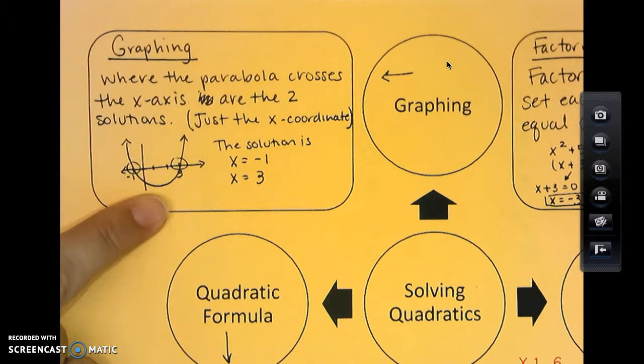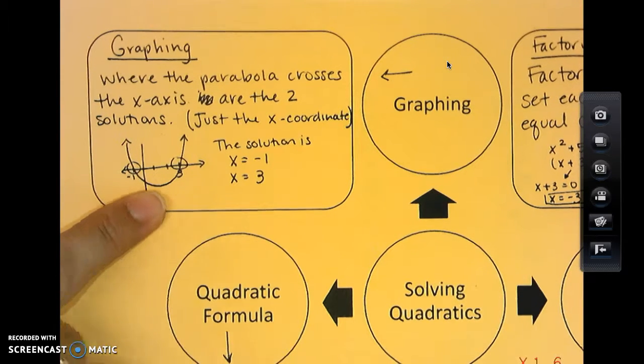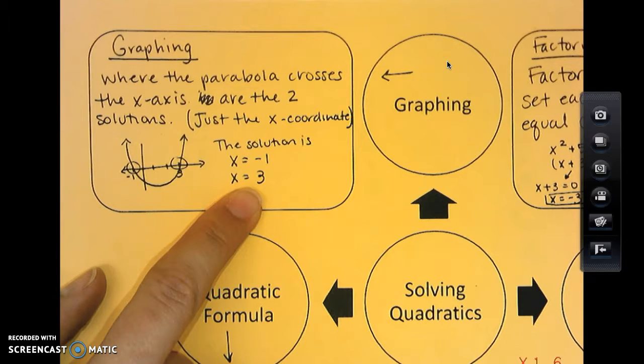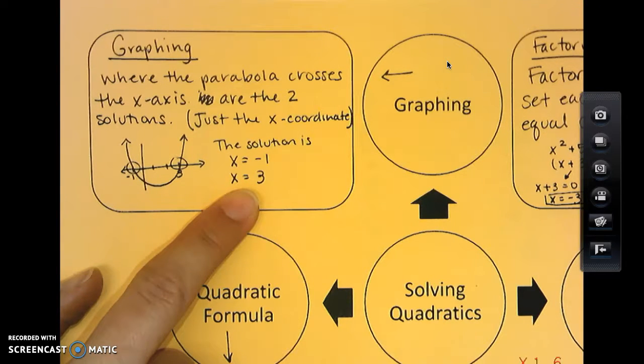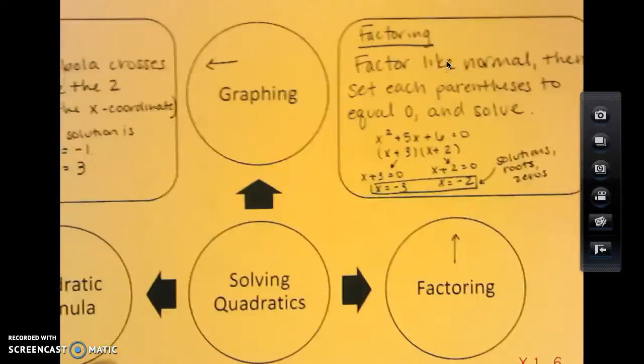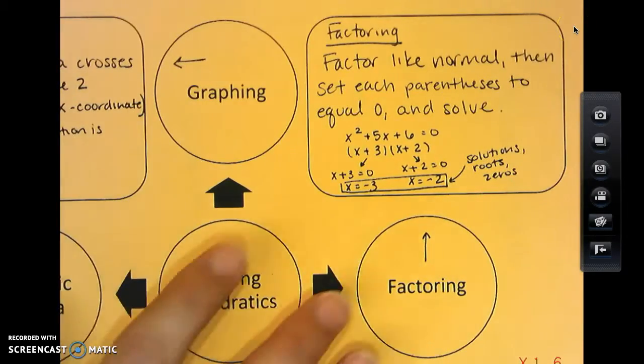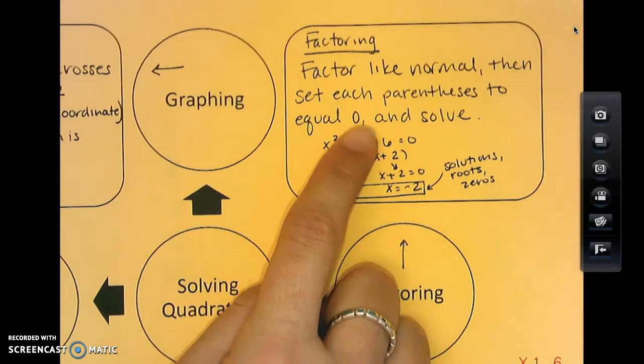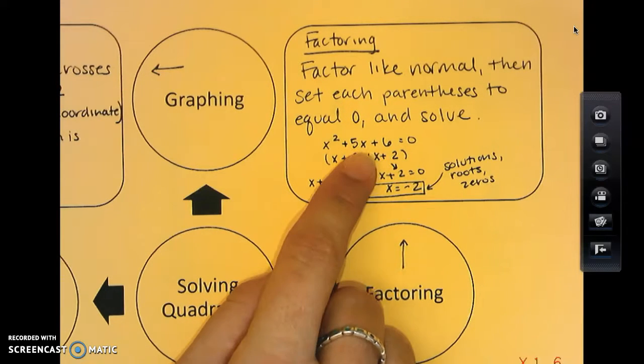It crosses the x-axis at -1 and 3, so your solutions are -1 and 3. Quadratics are all going to have 2 solutions, so just remember that. And then factoring: we factor like you normally do, and then we set each set of parentheses to 0, and then you solve.